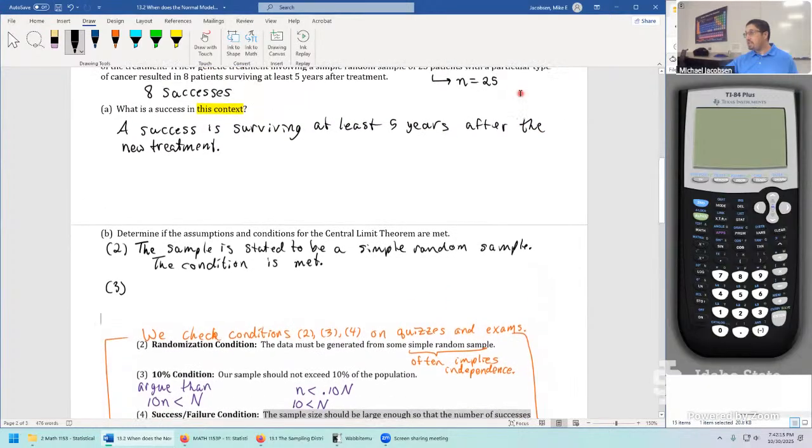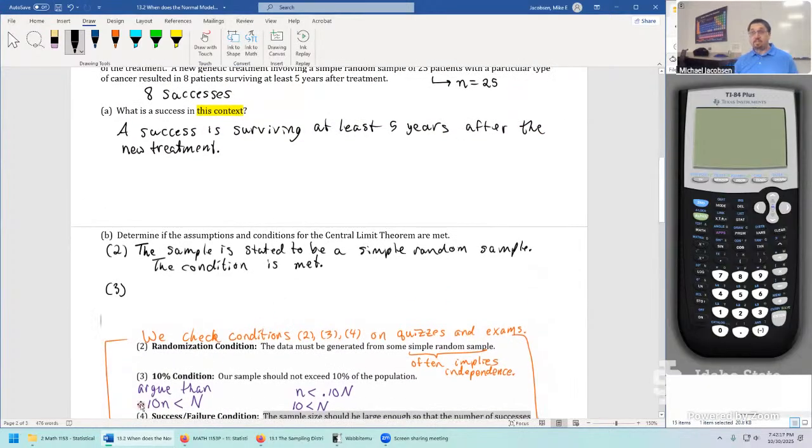And the way we use the 10% condition is we multiply that sample size by 10. So let's use that same formula: 10 times n, lowercase n, is going to give us 10 times 25, which is going to be 250 patients with this cancer.